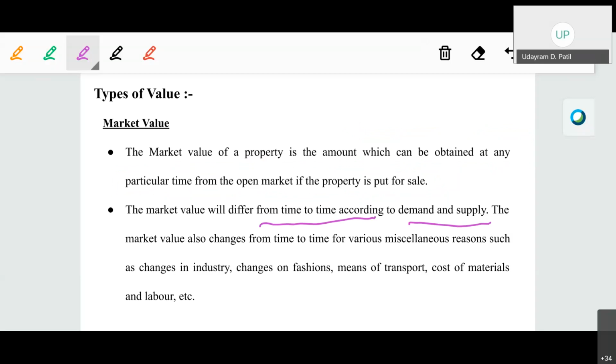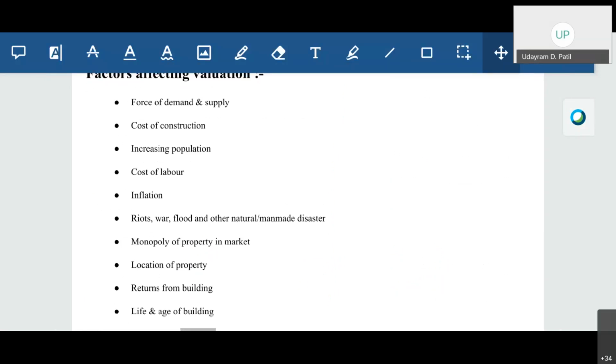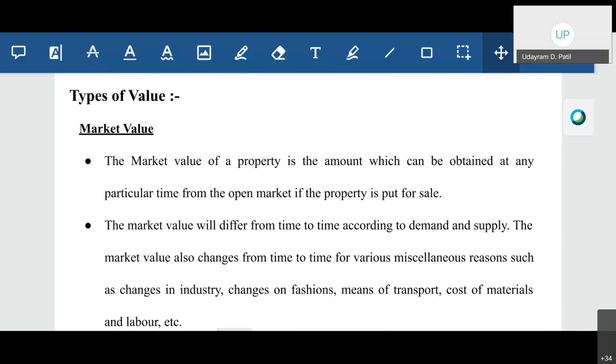The market value will also depend upon other miscellaneous reasons, such as changes in industry, changes in fashion, means of transport, and all the other factors we already discussed. Just remember that market value means the amount which we can obtain from the property if we have to put that particular property up for sale in the current situation.